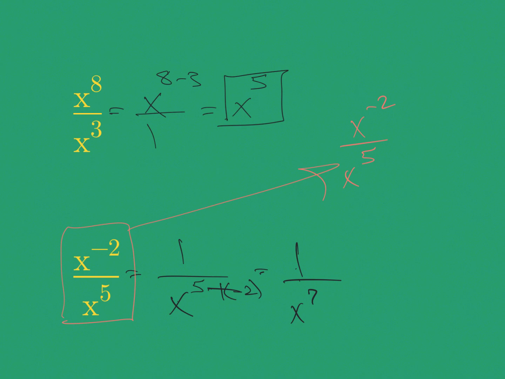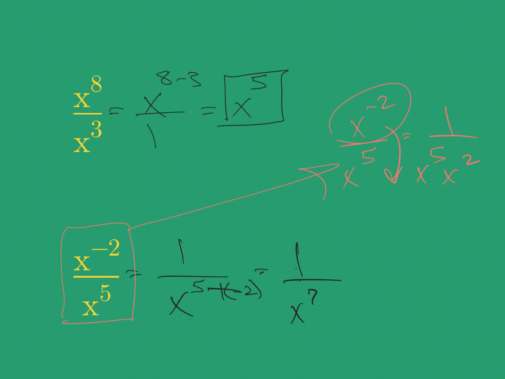We recognize the problem has a negative exponent in it, the x to the negative second power. If you wanted to, you could take x to the negative second and you could move it to lose it. We could move it to the bottom of this. And down there on the bottom now you would have x to the fifth and x to now the second power, the positive second power.